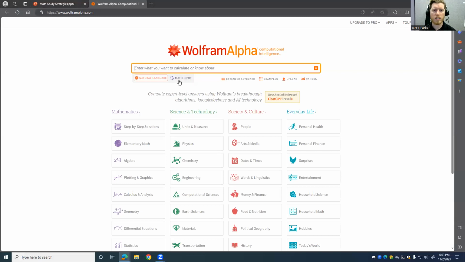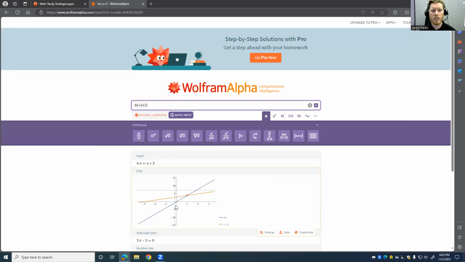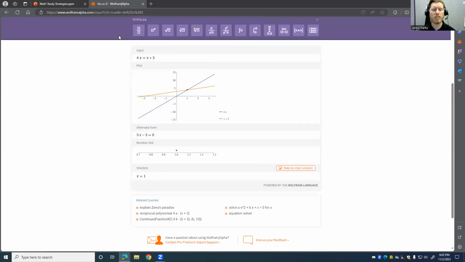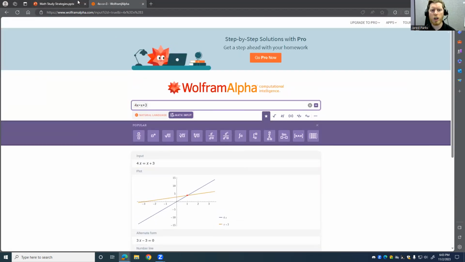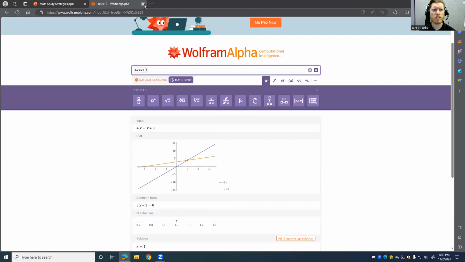If you want to check something, you can type in equations and it may tell you something about it, right? This can be helpful if you want to come up with practice questions and then find what a solution is.